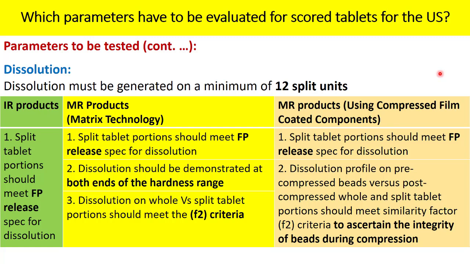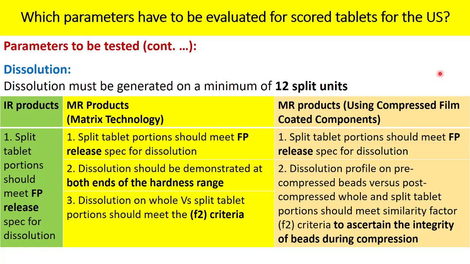So what you are expected to do is run the dissolution for only the pellets or the beads before compression. You know that you are going to compress these pellets in the form of a tablet. So before you compress them, run the dissolution on only the beads or the pellets. So you will generate a release profile for only the beads.